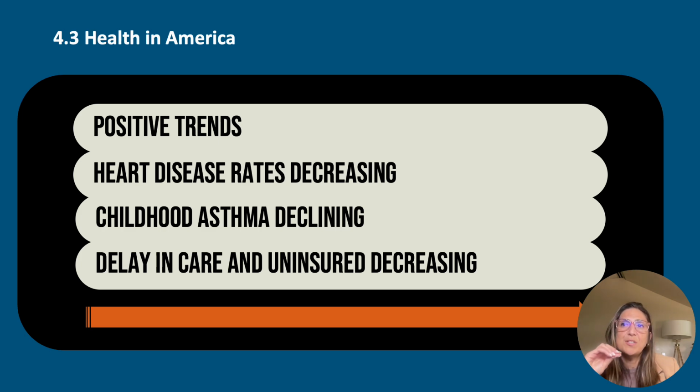But there's more research needed in this area to then see if that is different from vaping. And then uninsured Americans under 65 has decreased, although it's still 12%. And the delay in seeking medical care has also been decreasing.